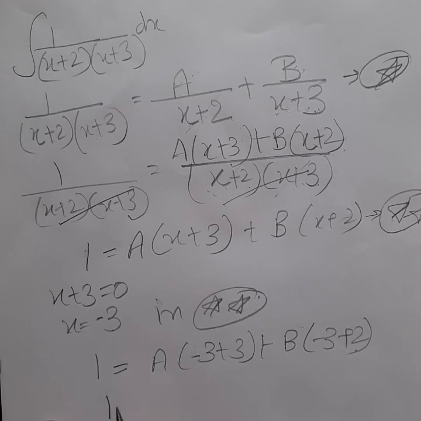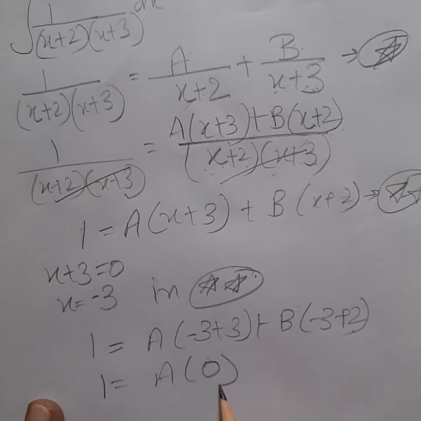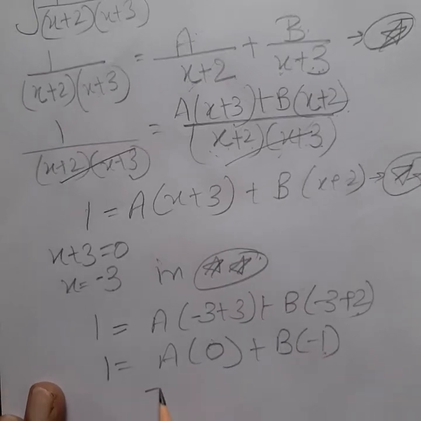Minus 3 plus 3 is 0, and we are left with minus 1, so we get b equal to minus 1.